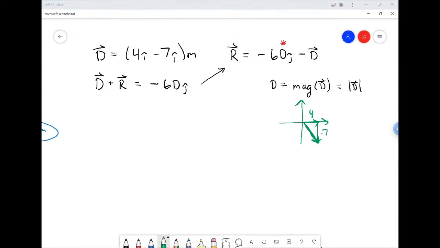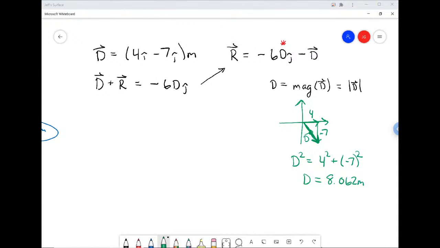So the magnitude of D right here is the length of this arrow. What is it? It's the Pythagorean theorem. So if you solve this for D, it's not a nice number, it's 8.062 meters.